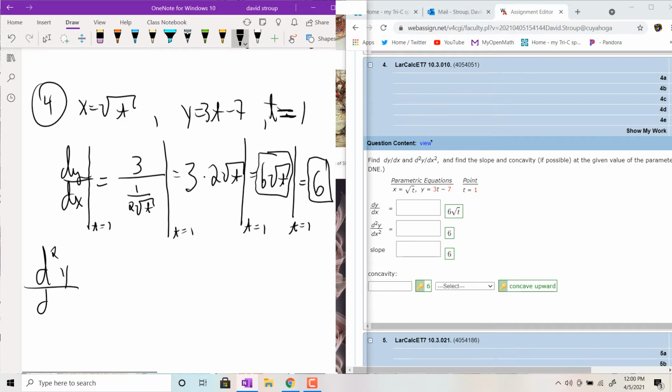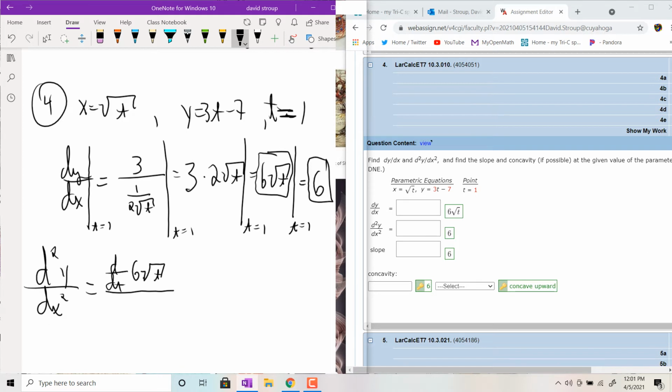d squared y over dx squared. And eventually we want to evaluate it at 1. Let's just get the second derivative first. So it's going to be the derivative with respect to t of the first derivative in the numerator. So we have 6 square root t. And the denominator, though, is the derivative of x with respect to t.